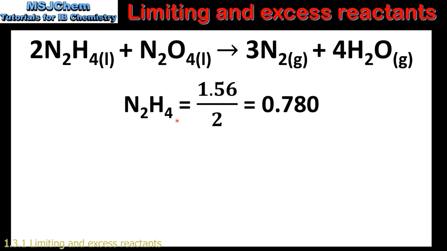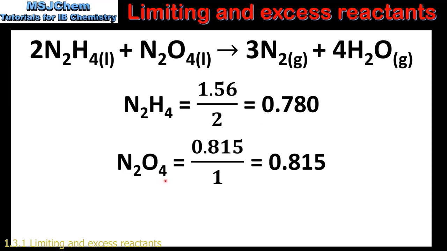For N2H4, it's 1.56 divided by 2. The reason we divide by 2 is that the coefficient of the N2H4 in the balanced equation is 2, which gives us 0.780. And for N2O4, it's 0.815 divided by 1. Once again, we divide by 1 because the coefficient of the N2O4 is 1, which gives us 0.815.